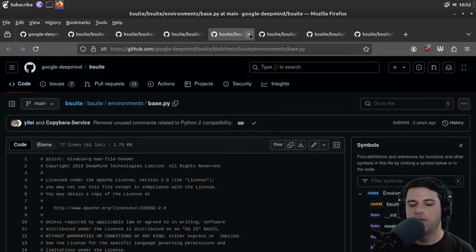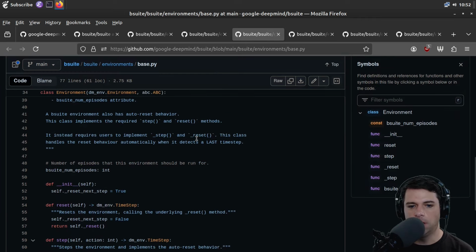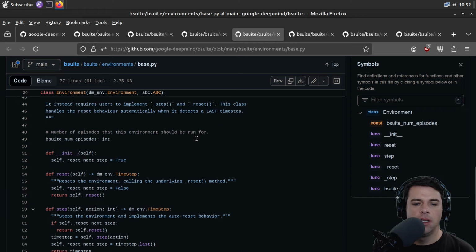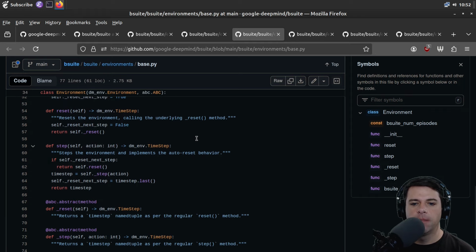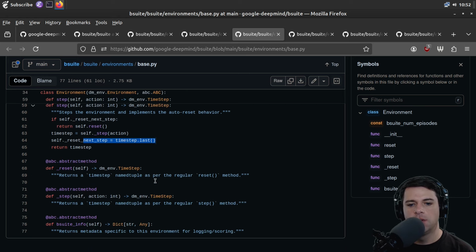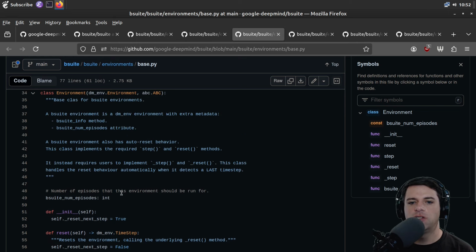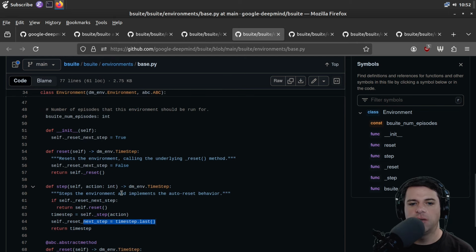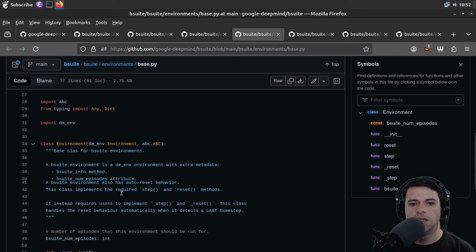That seems relatively straightforward. Here's base. And base is basically doing nothing. So reset next step calls time step last. Oh, this is just a base class. This is not actually a base environment, right?